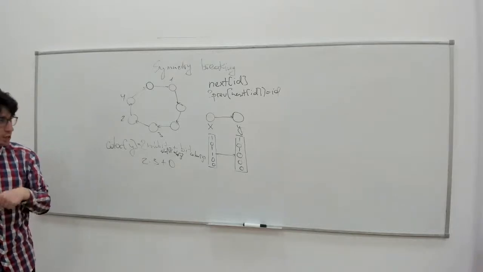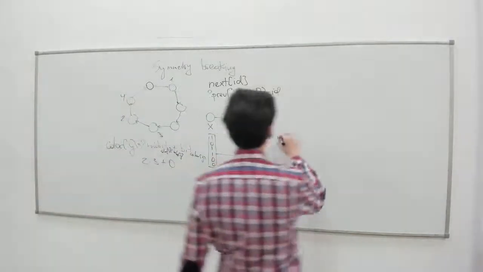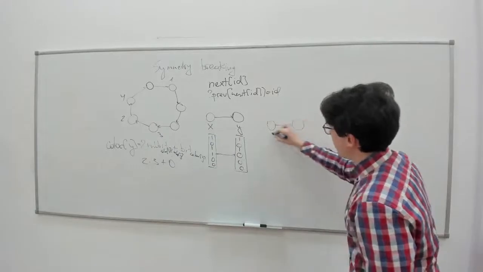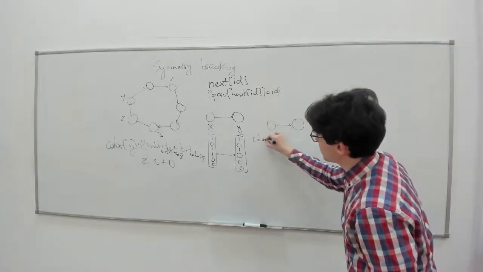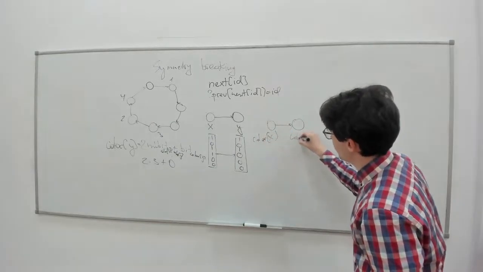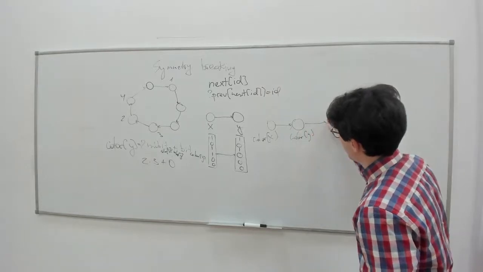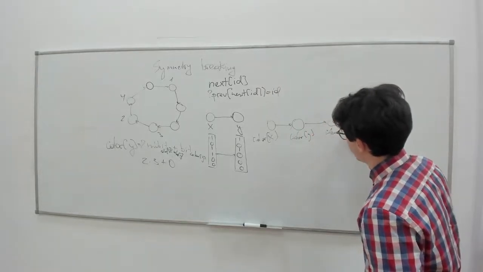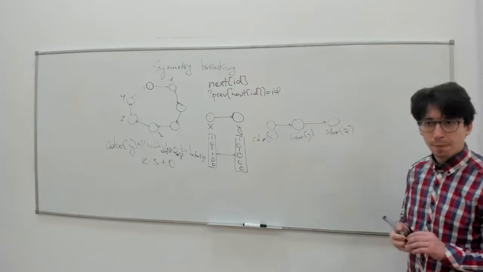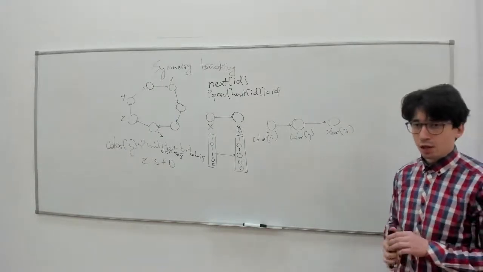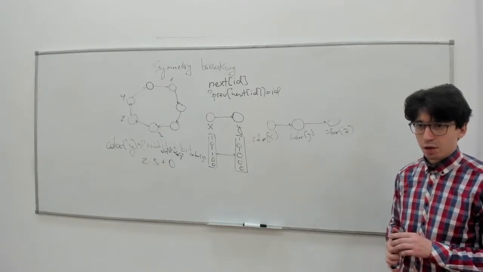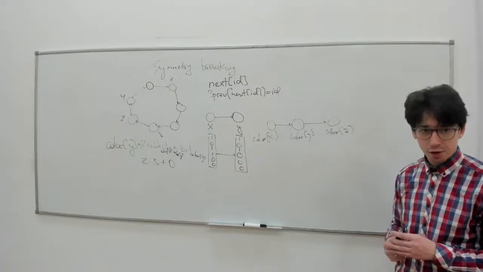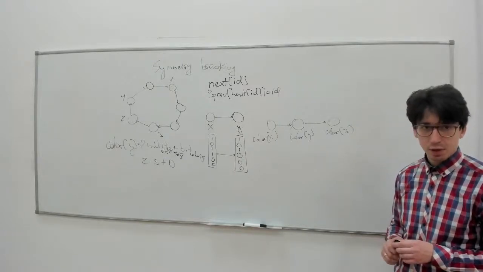Why so? So we have X, color X, so this guy is X, color Y, and color Z, okay? And what are the colors in the beginning? The ID? Yeah, at the beginning the colors are the identifiers.